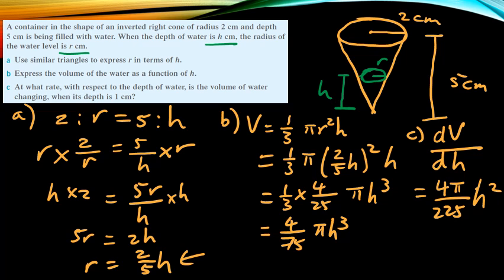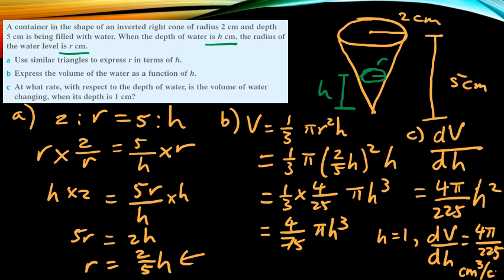Then when the depth is 1 centimeter, so h equals 1, you plug in h being 1, so that should be 4 pi over 225. What are our units? What's volume? Centimeters cubed over centimeters, yep. Okay, when you rewatch this you'll be able to see it, don't worry.